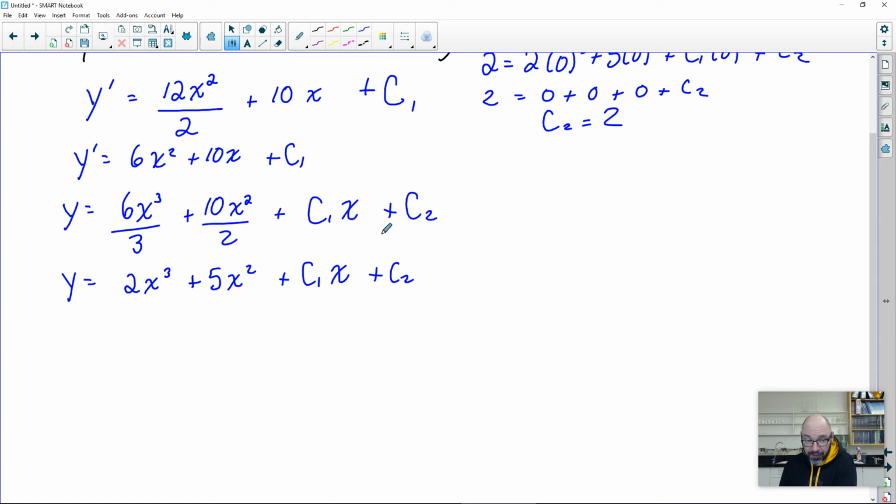Okay, so plug into this equation again. Now that we have y equals 2x cubed plus 5x squared plus C1x plus 2, because we knew what C2 is, now we can plug in 1, 1. So y equals 1, x equals 1.